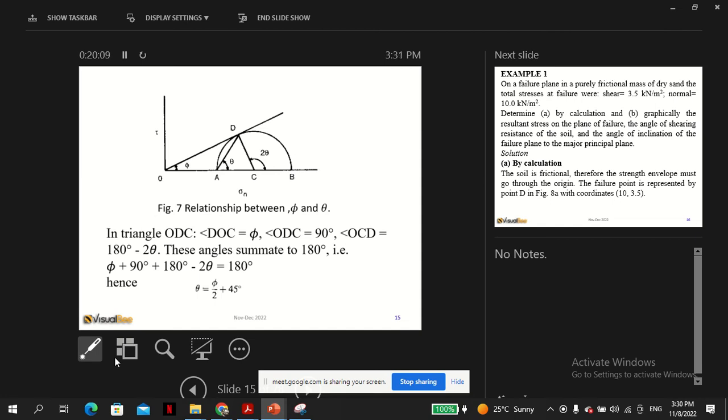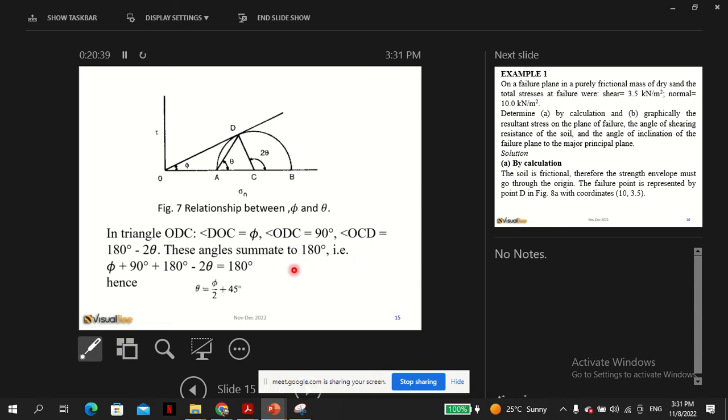So in that triangle ODC, angle DOC is phi, sorry, and then angle ODC is 90, because it's a tangent. Then angle OCD is 180 minus the others, of course.